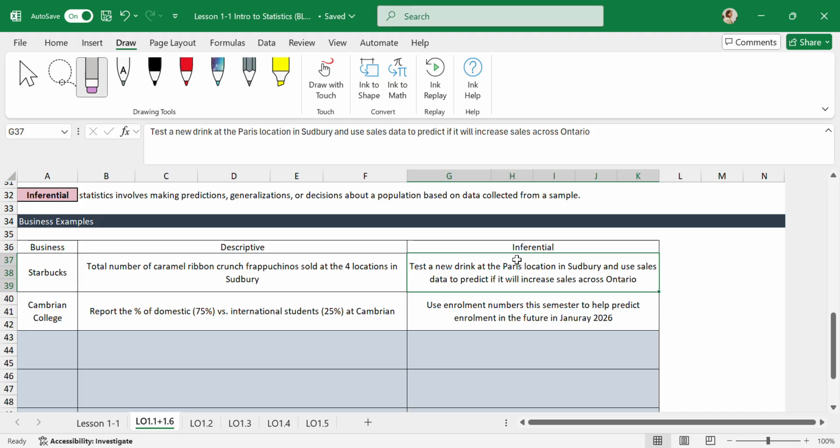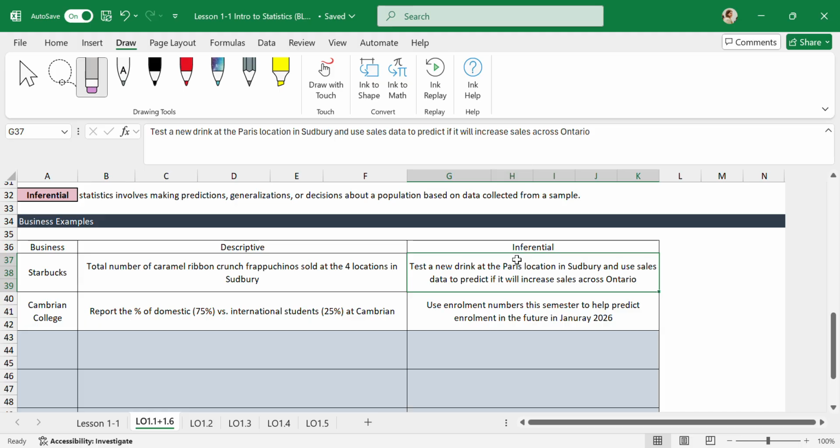The second example is Cambrian College. Because you're all students at Cambrian, I knew that would be a business you're all familiar with. And the college is a business since it earns money. An example of a descriptive statistic for the college would be that it reports a percent of domestic versus international students. So right now, Cambrian has about 75% domestic students and 25% international students.